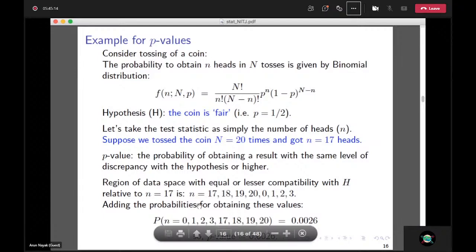You have all possible probabilities, and out of that you will get a probability of this. Basically you integrate the binomial distribution for regions above 17 and below 3 and divide by the total area, and that will give you this number. So the p-value is very small.